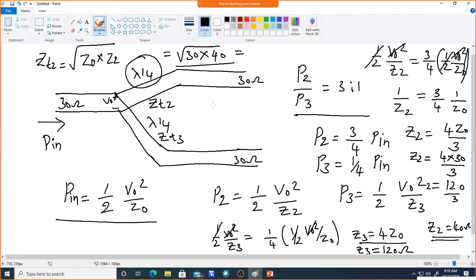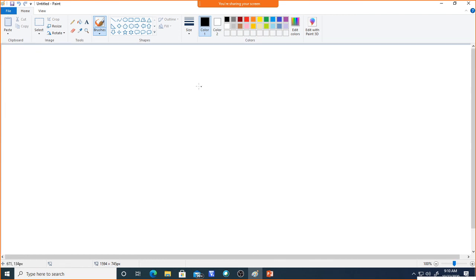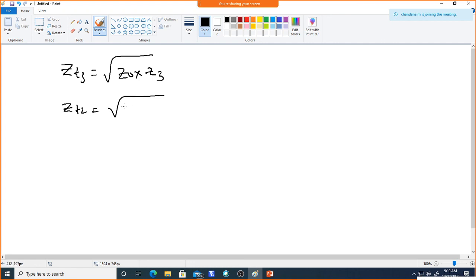ZT2. So now similarly ZT3 also we can calculate. So what is ZT3? ZT3 will be equal to square root of Z0 into Z3. ZT2 you can calculate by using Z0 into Z2. So what is the ZT2 value?